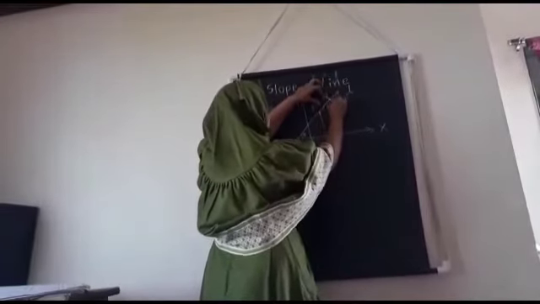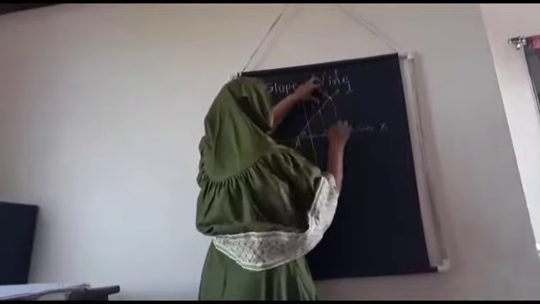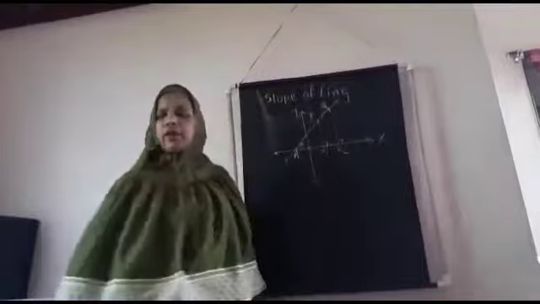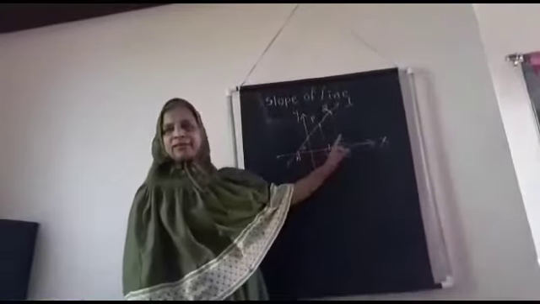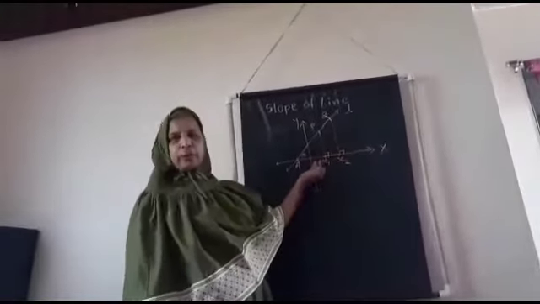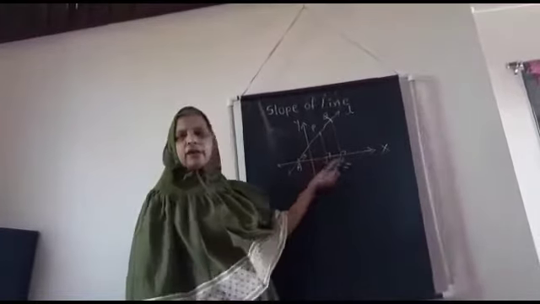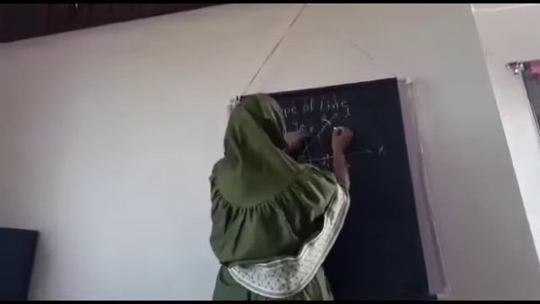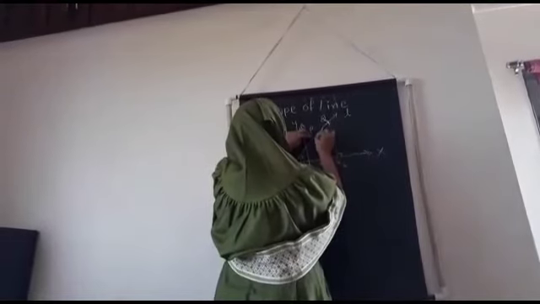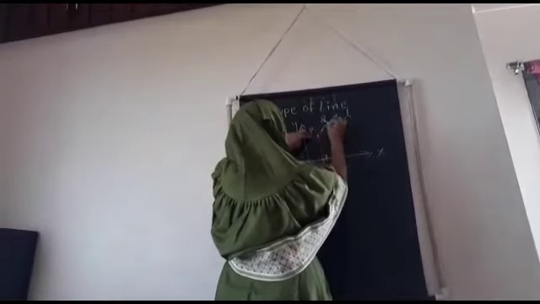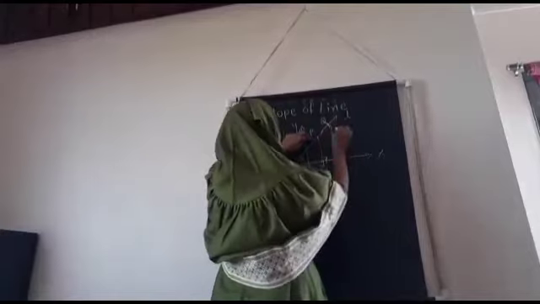Similarly, draw the perpendicular from point Q to the x-axis. Where the perpendiculars intersect the x-axis, let's denote the respective coordinates x1 and x2. From point P, draw again a line perpendicular to the perpendicular on the x-axis, and where it intersects, call it point R.